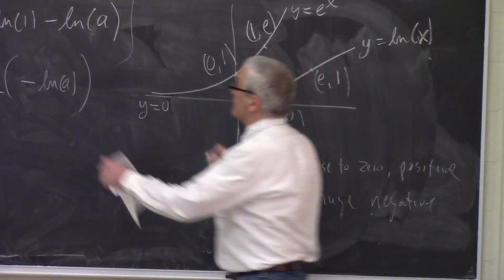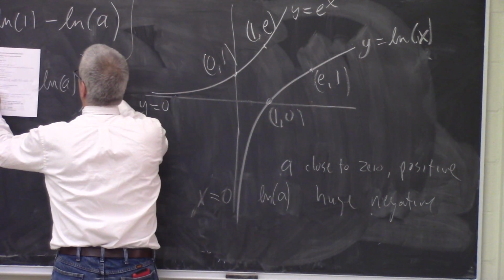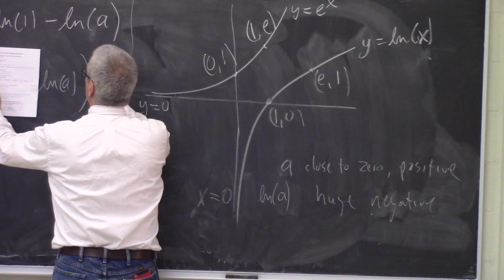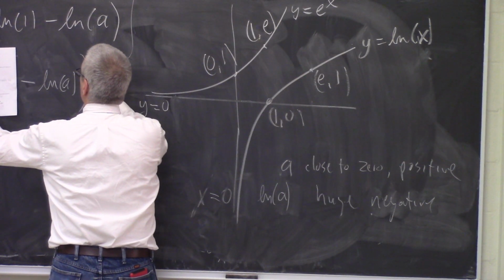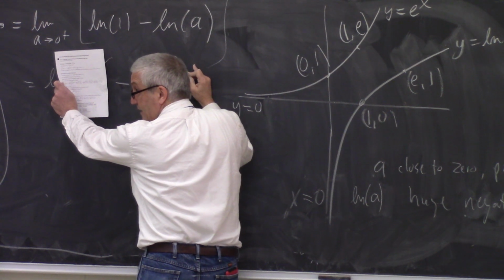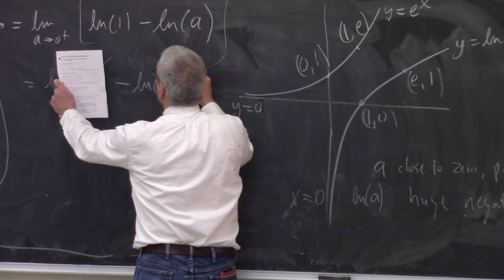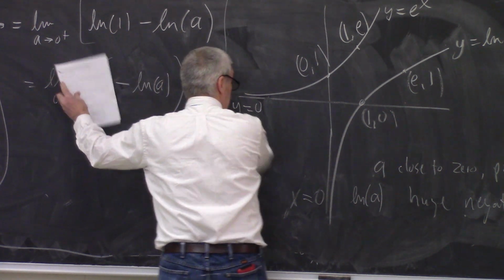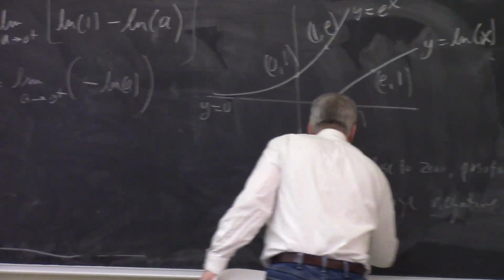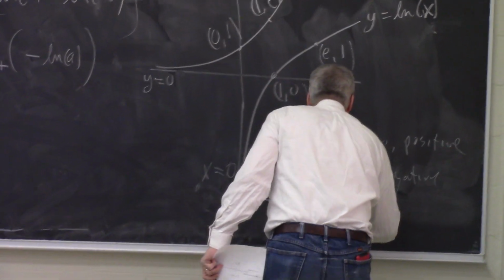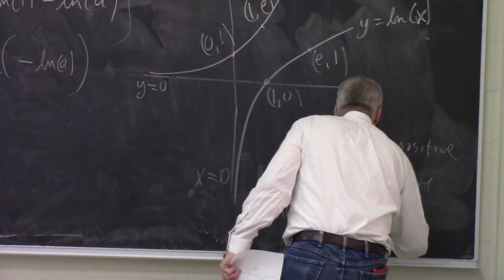So this thing, ln of a, is a huge negative number. So minus ln of a is a huge positive number. It's not infinity. Infinity is not a number. What we're looking at here is a huge positive number. So minus ln of a is huge and positive.